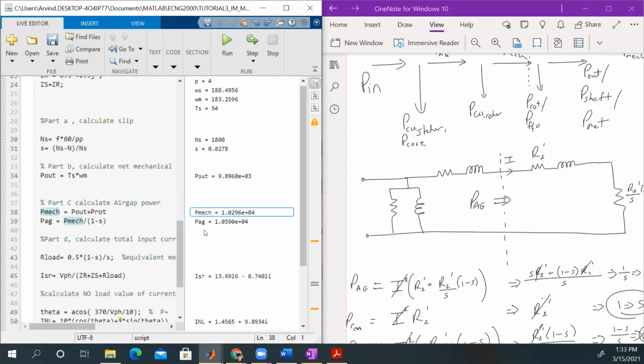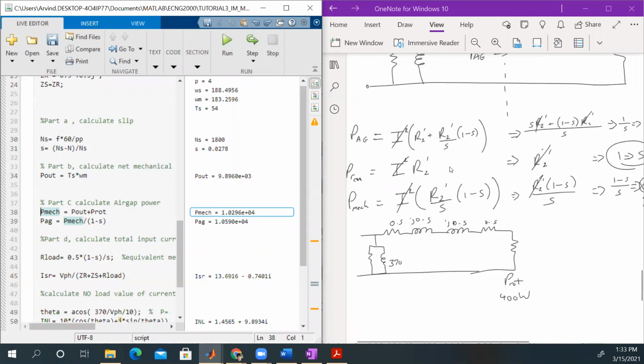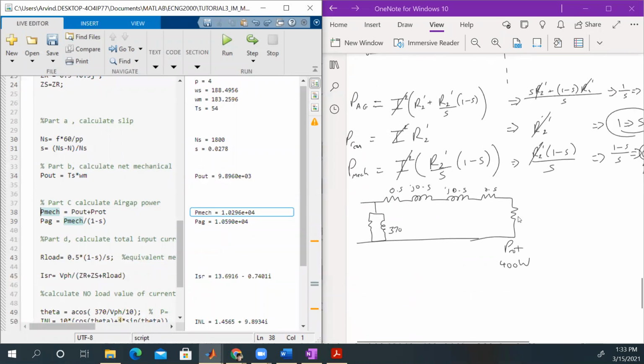Next, we want the total input current per phase. So again, based on our circuit diagram, we know the input power here is comprised of these two powers. So we could calculate what is the current coming through this branch, as well as the current coming through the no load branch.